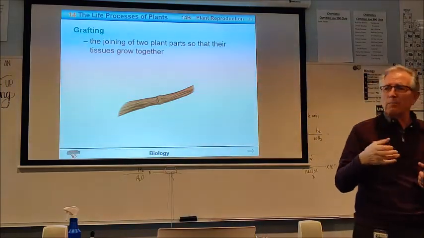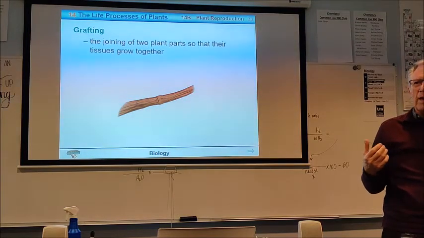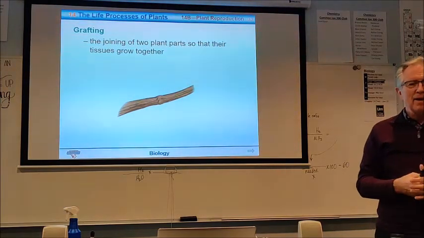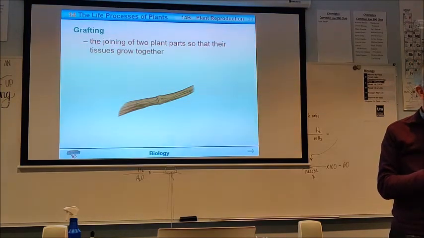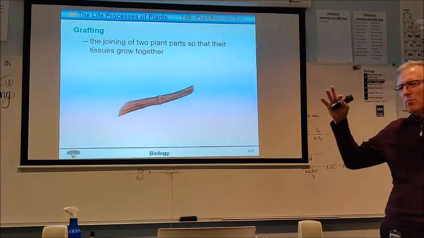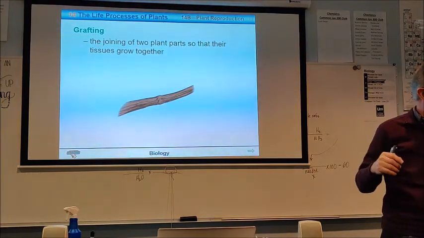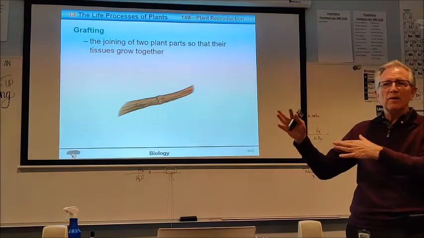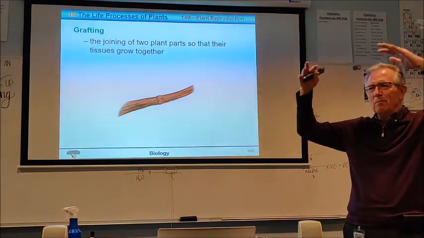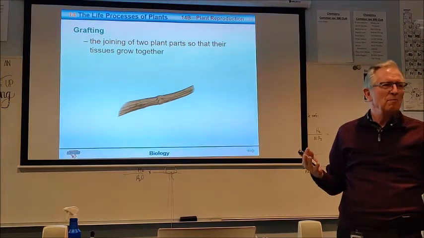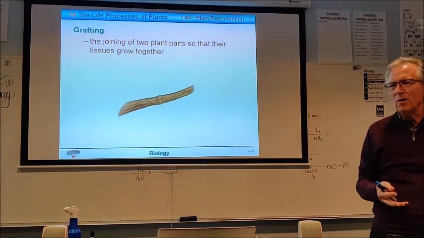Or if you're buying a tree to grow in your yard, that's quite often what they'll do. They'll take one variety, for instance, that has a great root system, strong stem or trunk, but it has weak branches that tend to break off in ice storms and stuff like that. So we will then find a tree that maybe has great characteristics above ground, but has a measly little root system that just isn't very strong.